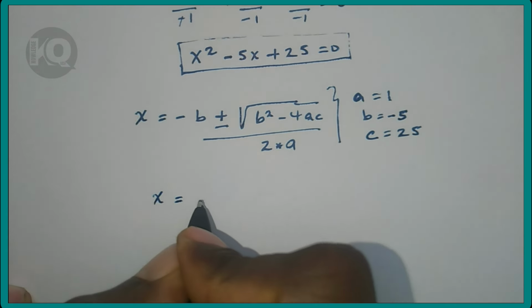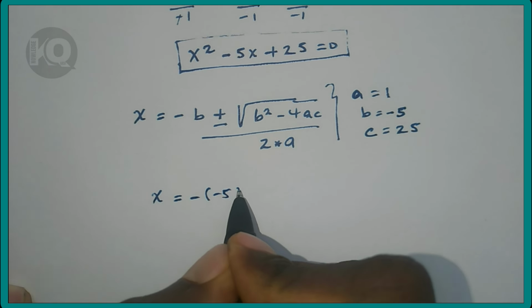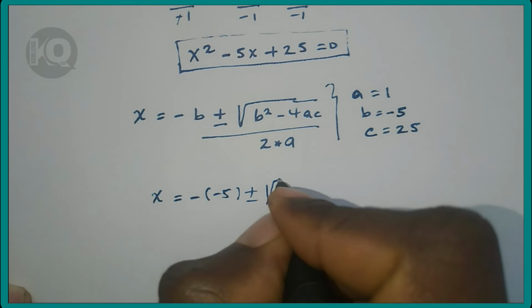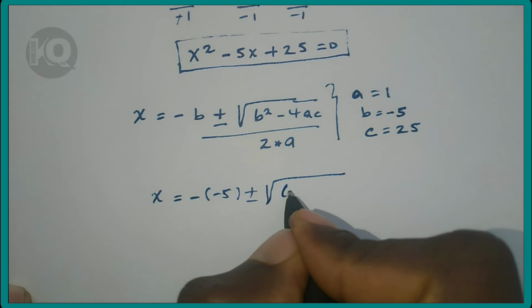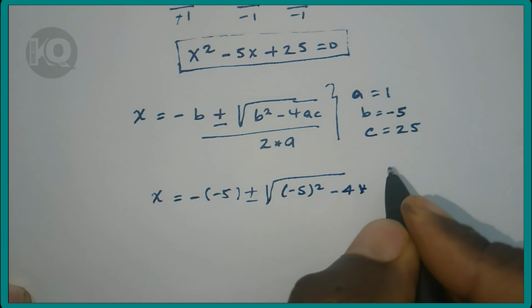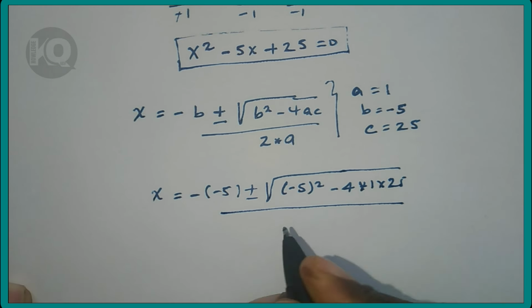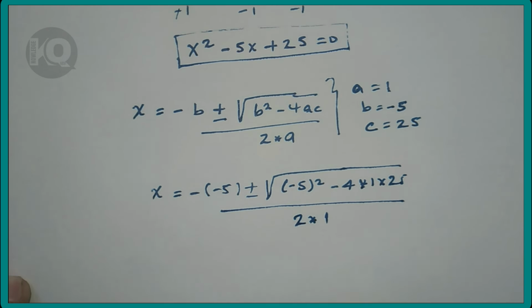x equals minus the value of b, which is minus 5, plus or minus the square root of b squared, which is minus 5 squared, minus 4 times 1 times 25, over 2 times 1.